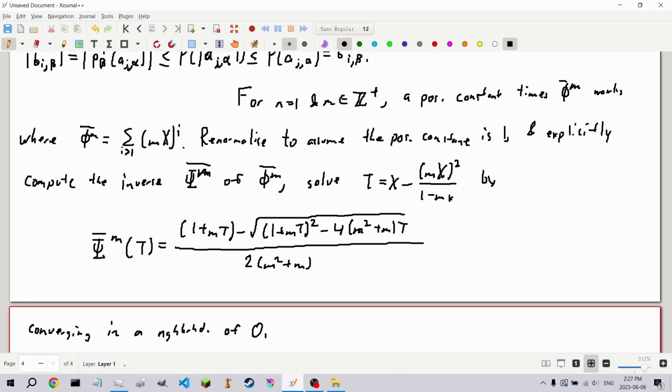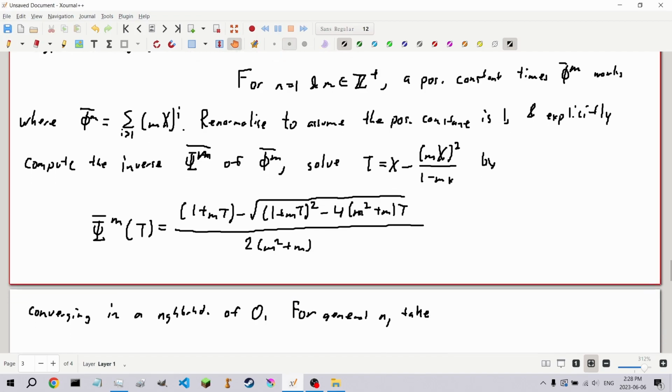Now for general n, take phi bar of i to be the sum over positive j of x1 plus through xn to the j.